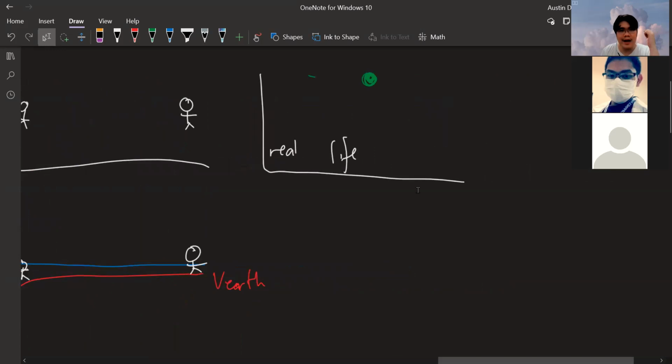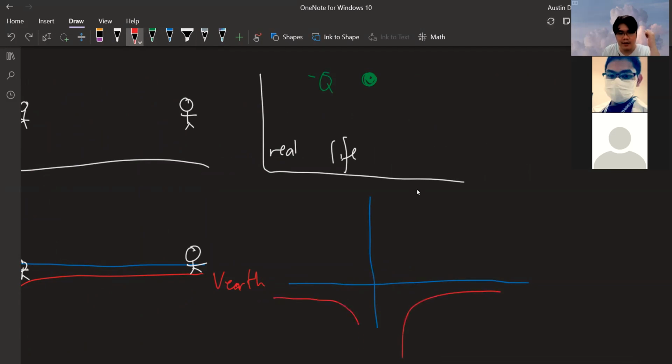So let's say we have this. We have a charge, negative Q. So when we graph this, ito na yung potential. Similarly, the graph for this potential is like this. Okay?